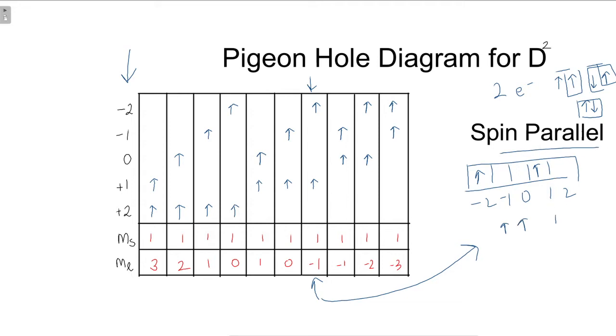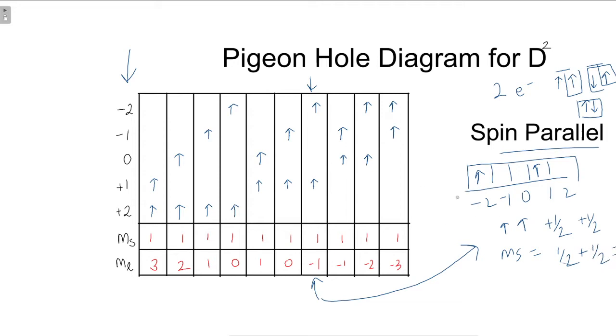They have the same spin, so they'll have spin plus one half and plus one half, because they are up spin. So the value of ms will be plus 1 by 2 plus 1 by 2, which is equal to 1.